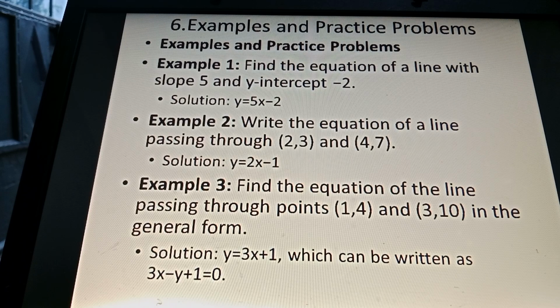And the solution is y is equal to 2x minus 1. Example 3, find the equation of the line passing through the points (1, 4) and (3, 10) in the general form. And the solution is y equals 3x plus 1, which can be written as 3x minus y plus 1 is equal to 0.